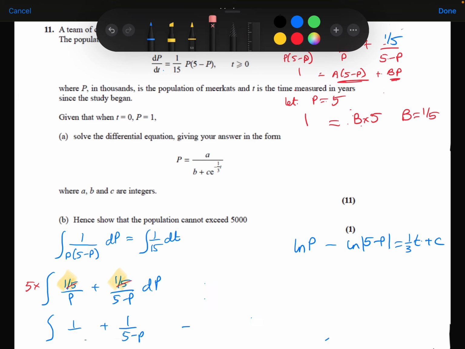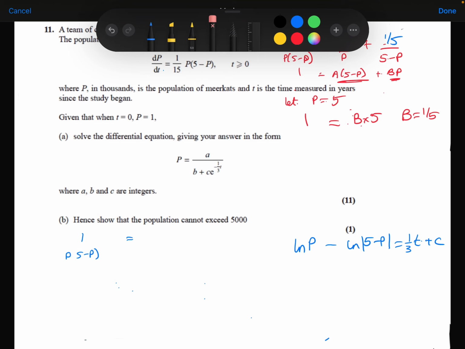Right, let's create a bit of space. Now I'd like to work out that constant of integration, the plus c. Let's figure out what that is. Remember, we were given that when t equals 0, p equals 1.